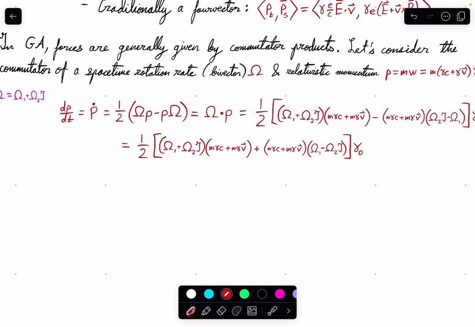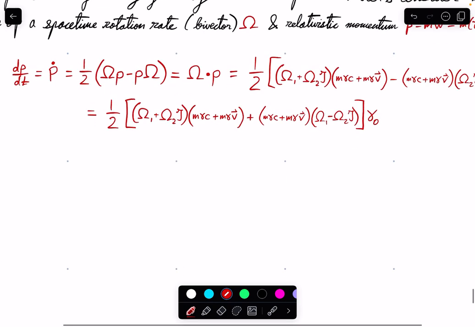So we can then expand things out even more. 1 over 2. We'll get, this times this is just a constant, and this is a bivector, so you're just going to get bivector, and you have two factors of it, so you have 2 m gamma c omega 1.